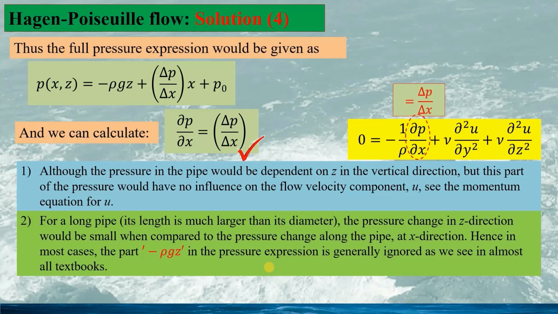Its length is much larger than its diameter. So the pressure change in the z direction, minus ρgz, would be small when compared to the pressure change along the pipe in the x direction. Hence, in most cases, the part minus ρgz in the pressure expression is generally ignored, as we see in most textbooks.